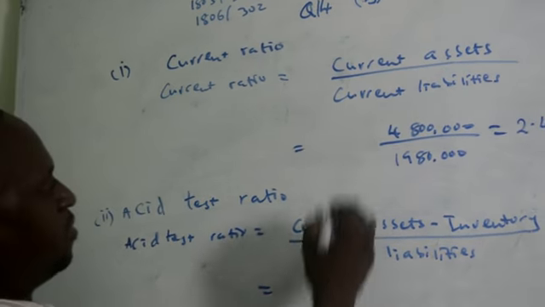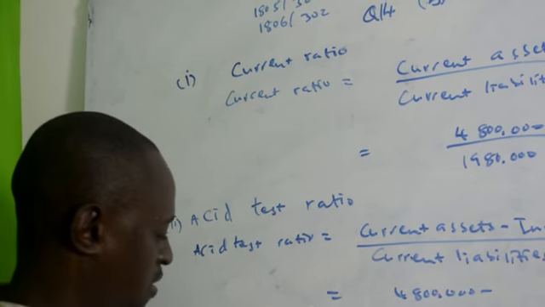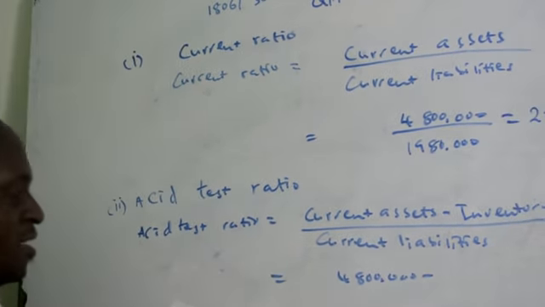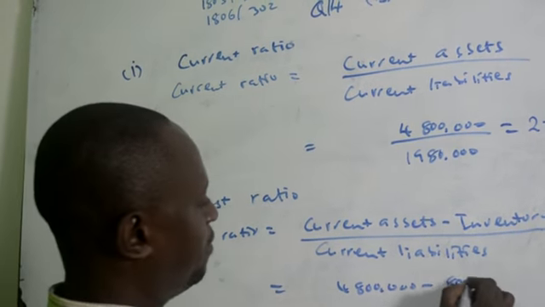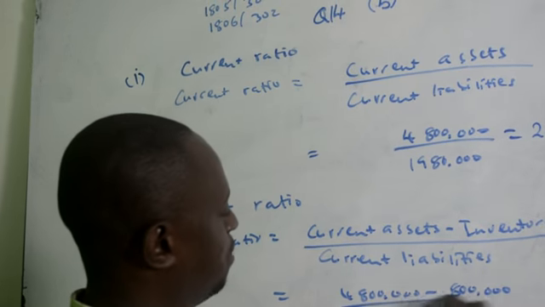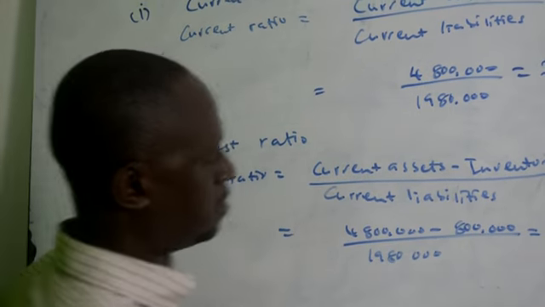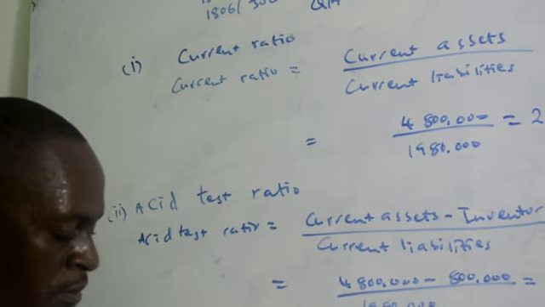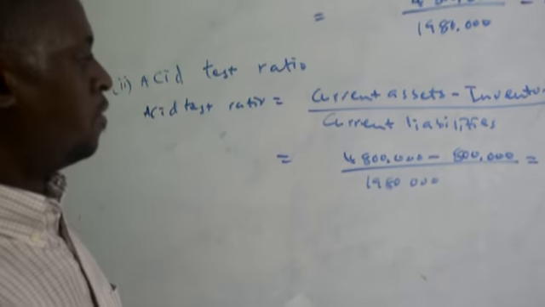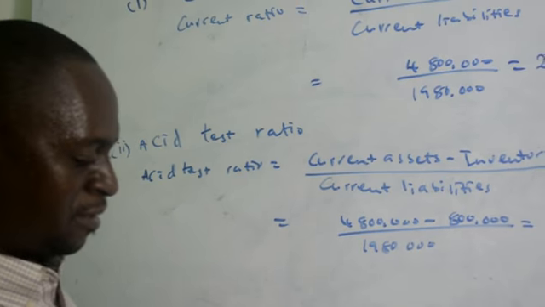Current assets, we have it as 4.8 million. We subtract the inventory, which is the other name for stock, 800,000.